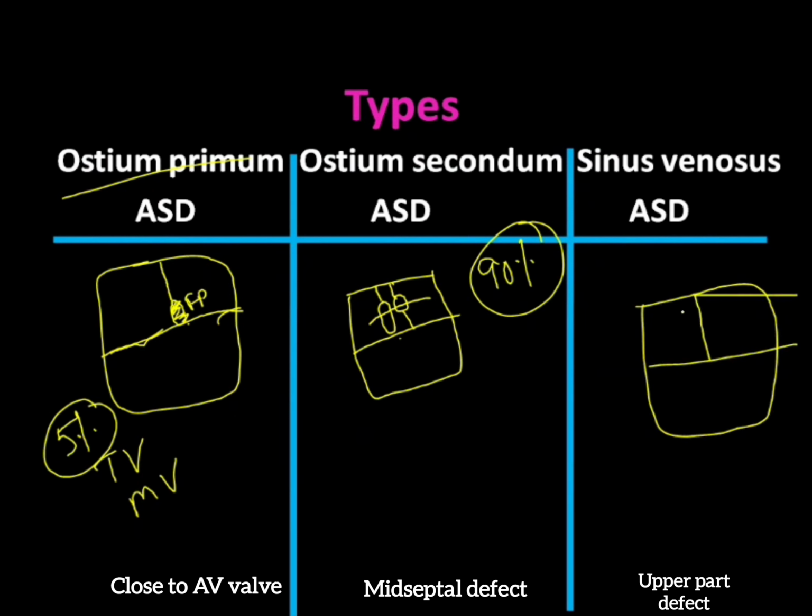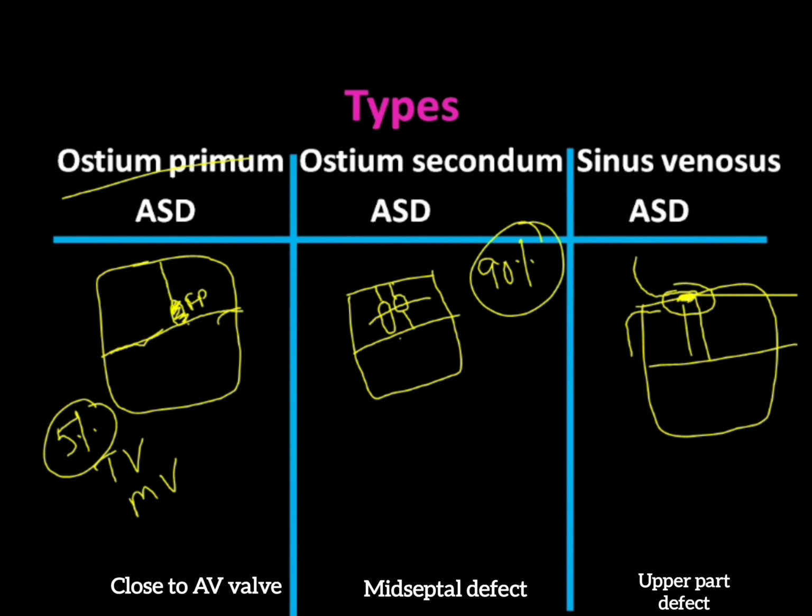This very tiny part is formed by the place where your superior vena cava drains into the right atrium. So this initially forms the upper part of your interatrial septum. When this is not developed completely, again this results in an opening, so there can be communication. Therefore this is called Sinus venosus atrial septal defect.